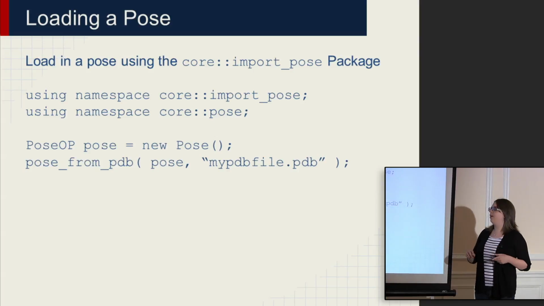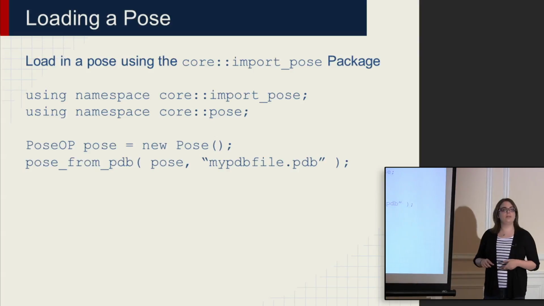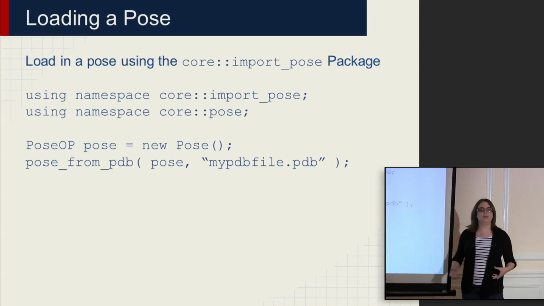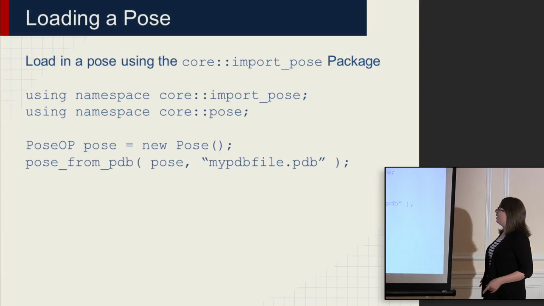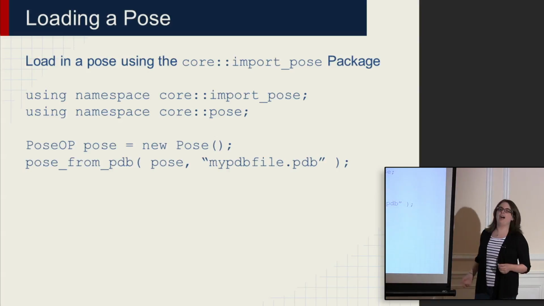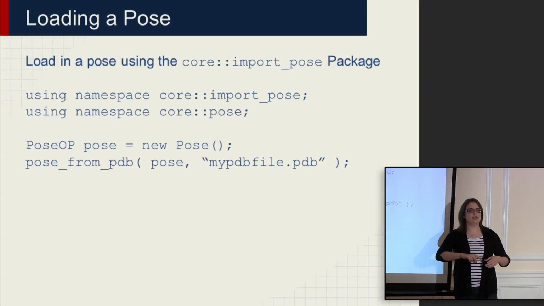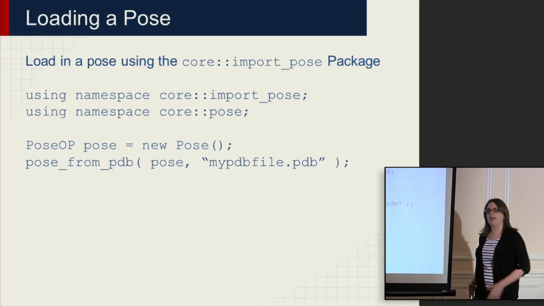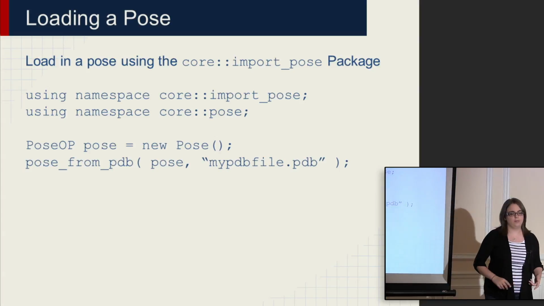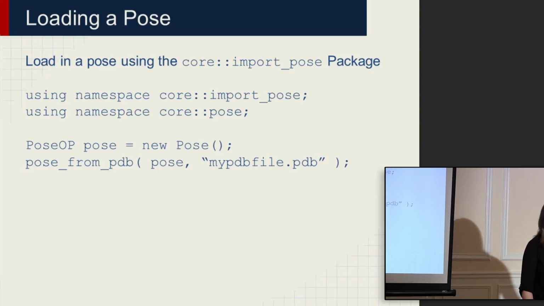So the pose owning pointer would be in the core pose package or namespace. And then the pose from PDB method is probably the most common call you'll make to take a PDB file that you have, so my PDB file.pdb, and load that into your pose object. And this method will read through that PDB file, load in all of your residue types, coordinates, and so forth, so you'll have an initialized pose object.